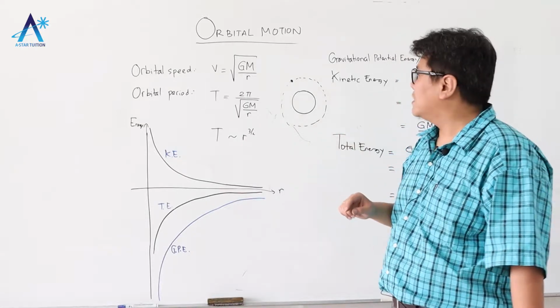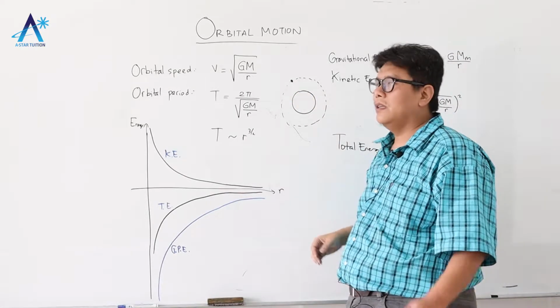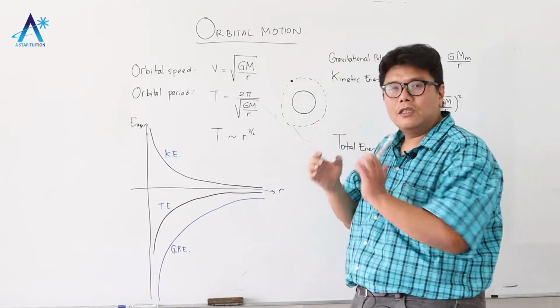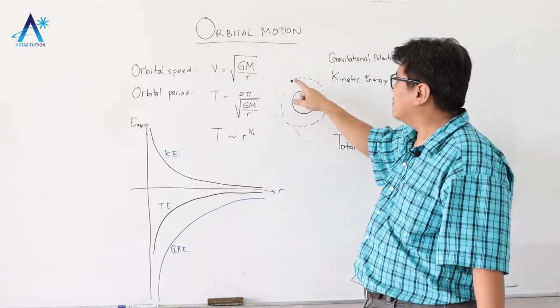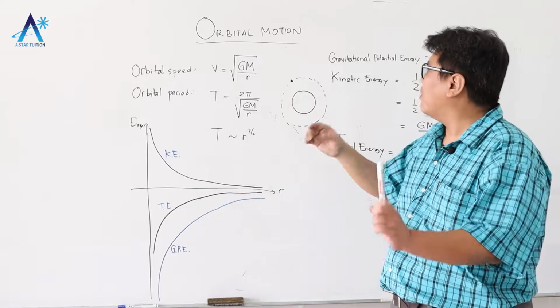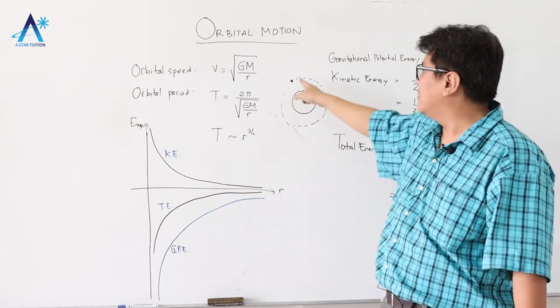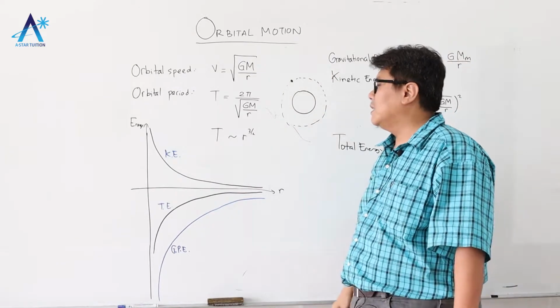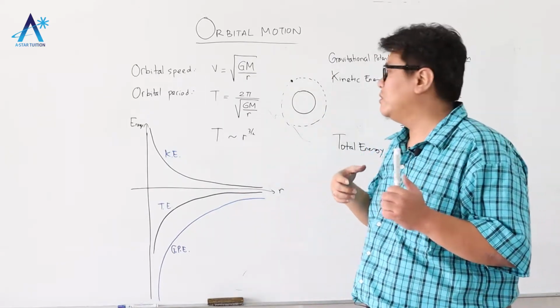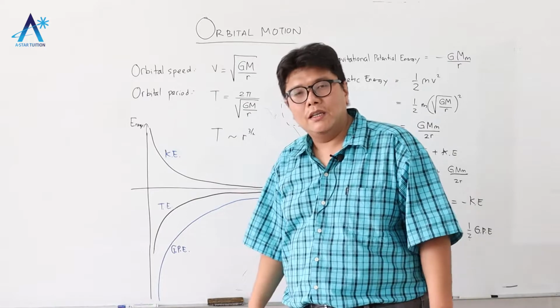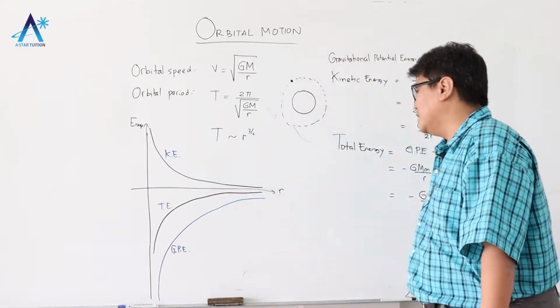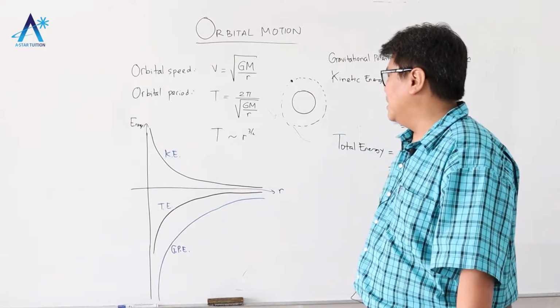Then what happens if there's a small collision with some rock or object, small relative to the size of the planet? That collision will actually reduce the total energy.